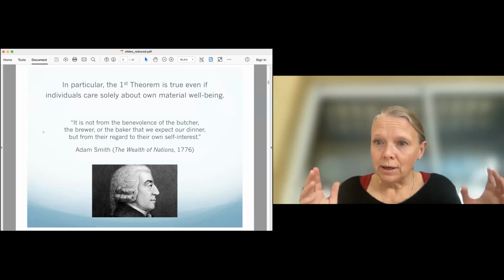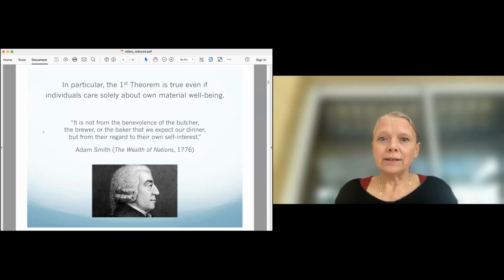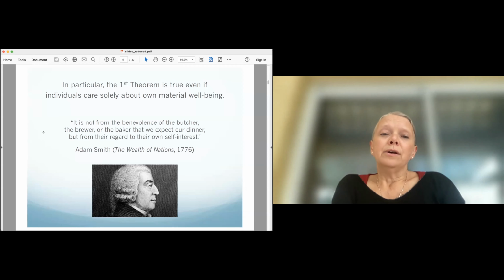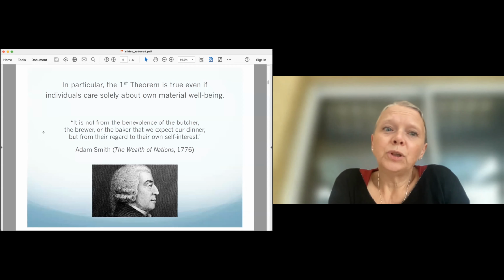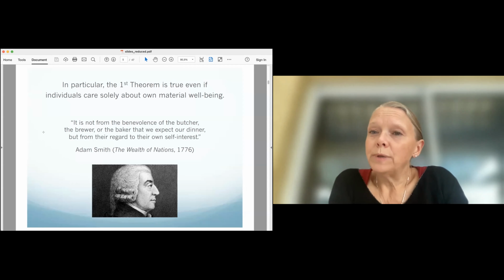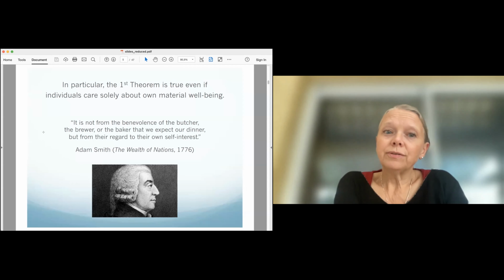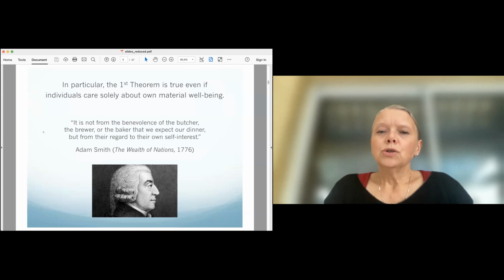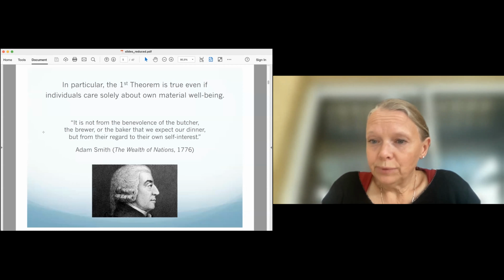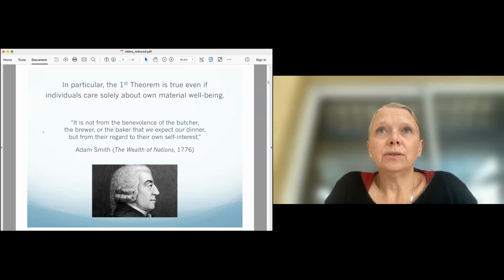This is well captured in this sentence from Adam Smith's The Wealth of Nations: it is not from the benevolence of the butcher, the brewer, or the baker that we expect our dinner, but from their regard to their own self-interest. This is a very deep insight, that markets can function well in a decentralized manner under some conditions.